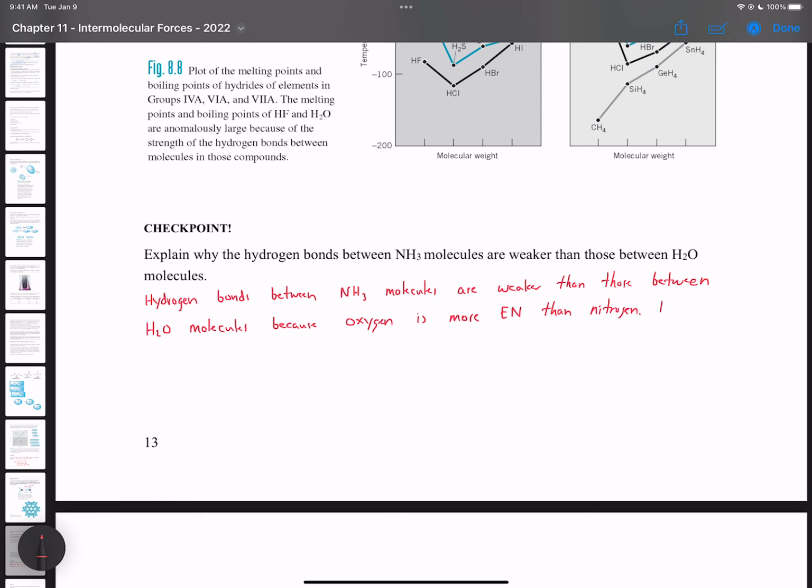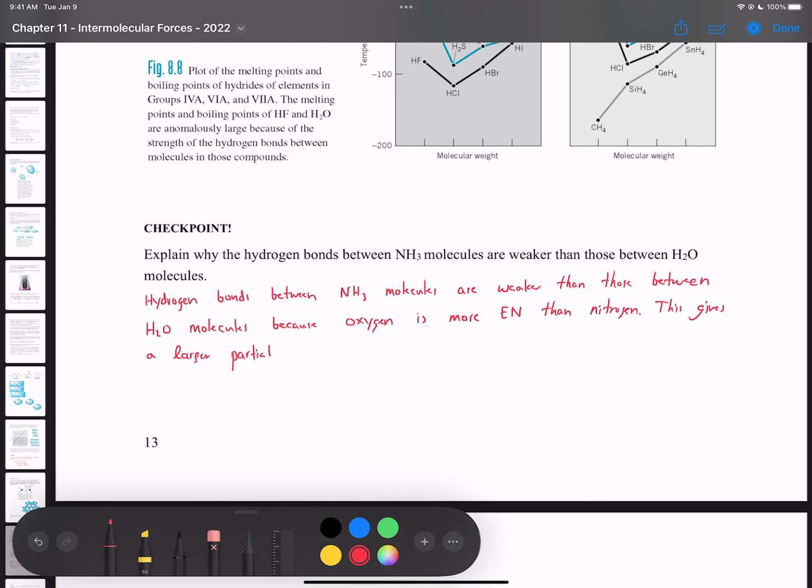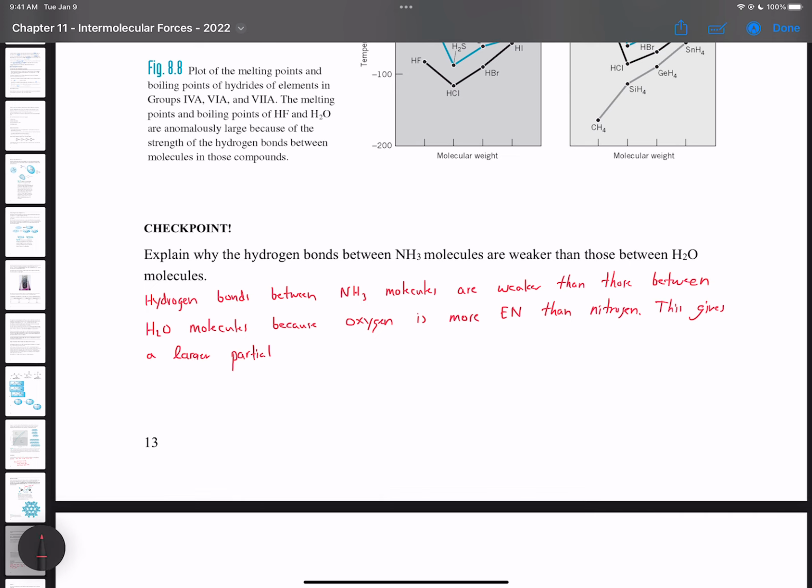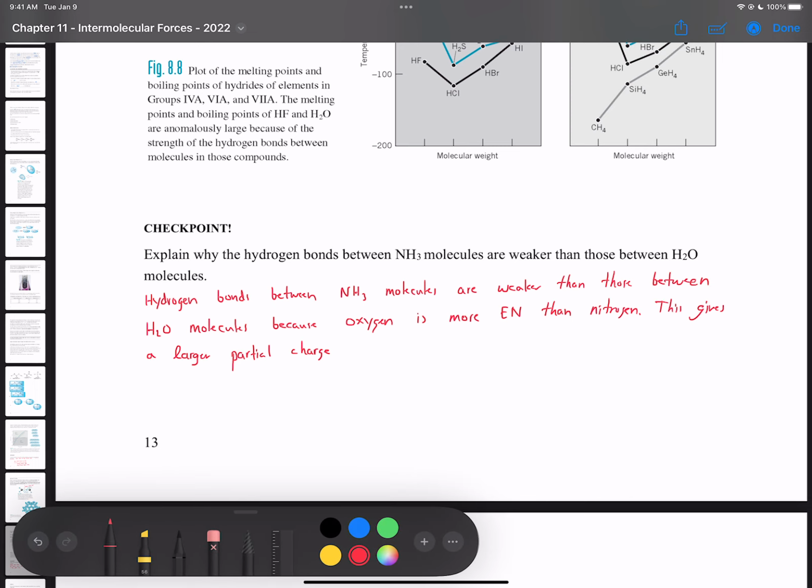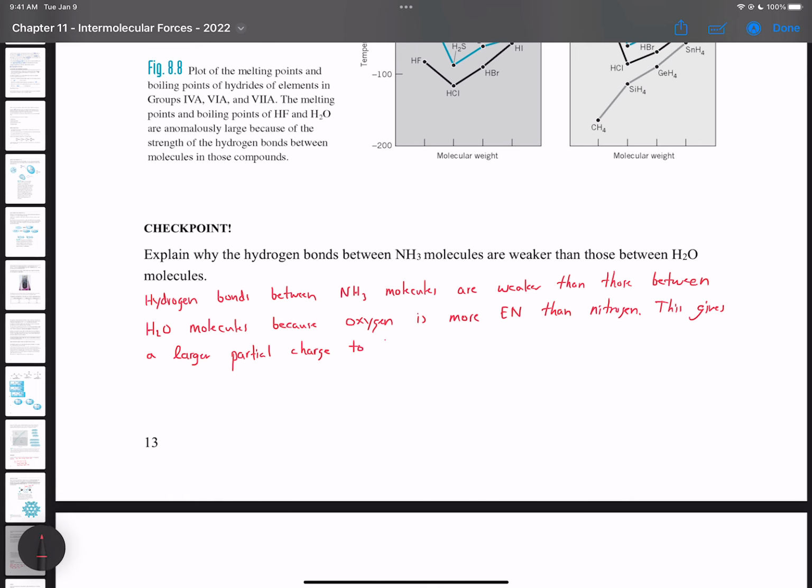The reason is this gives a larger partial positive charge to the hydrogen in the O-H bond.